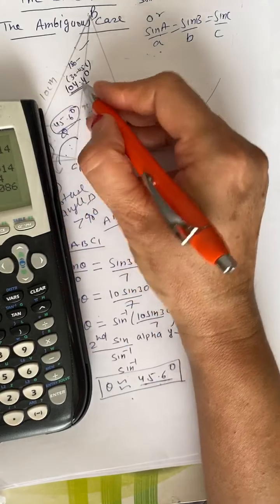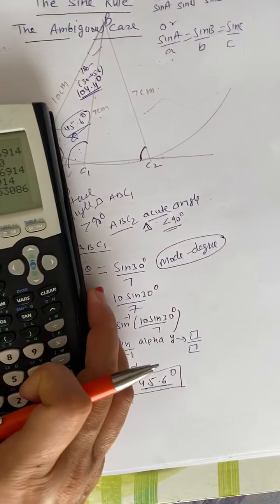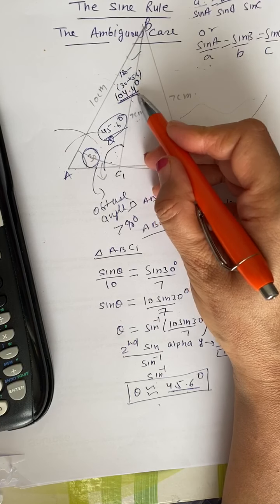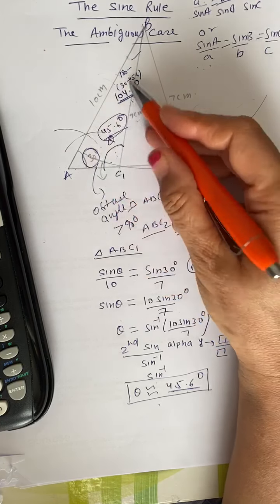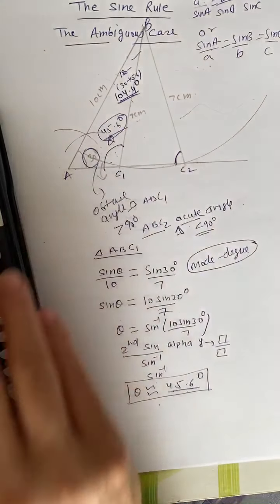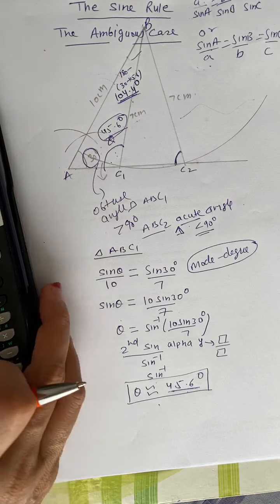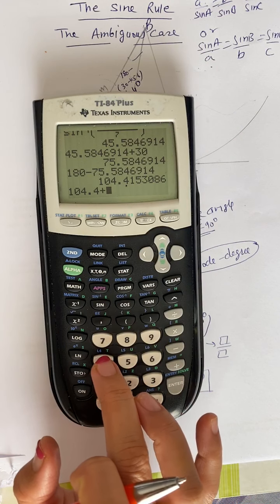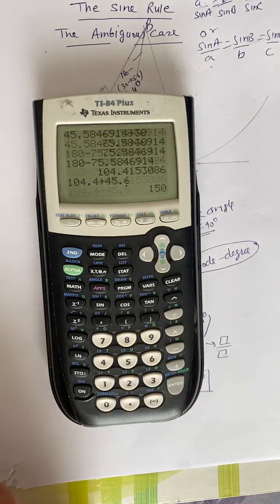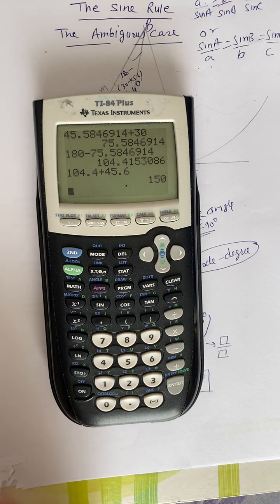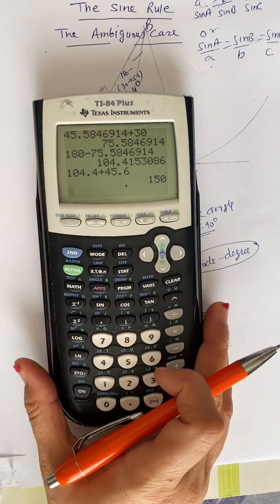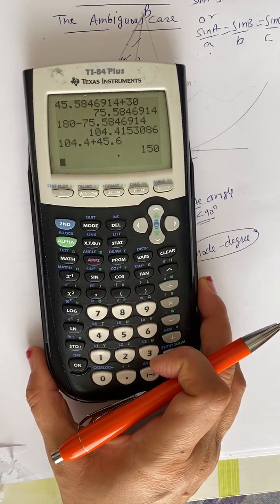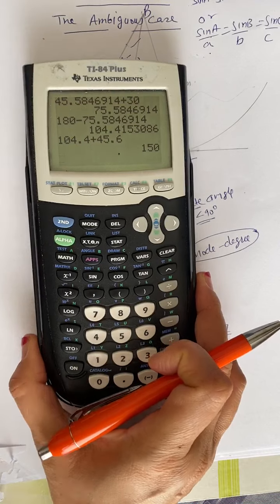I know that this is not rounded to 3SF, but if I don't use 104.4 degree, then this will not add up to 180 degree, because 104 plus 45.6 gives me 150. So I have to leave the value as 104.4. So pay attention to the question, what they are asking you, and answer accordingly.